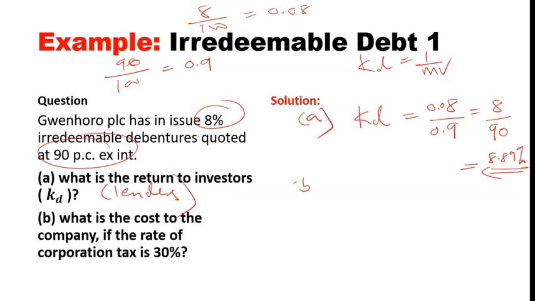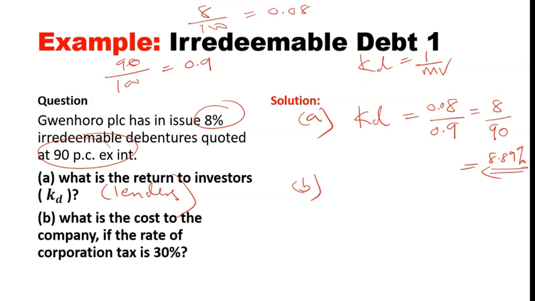Then part B, we are now looking at the cost of the debt to the company. So here we have to factor in the tax element because the company is allowed to enjoy tax relief.